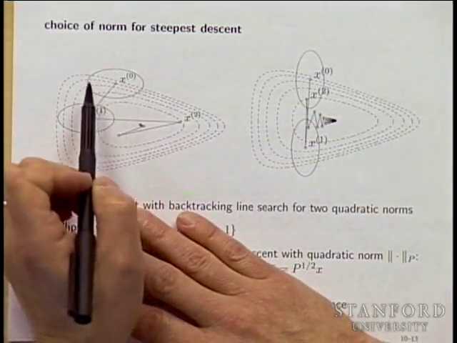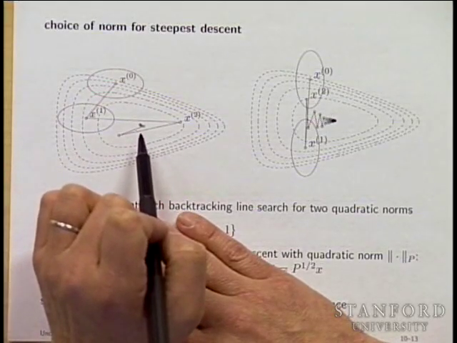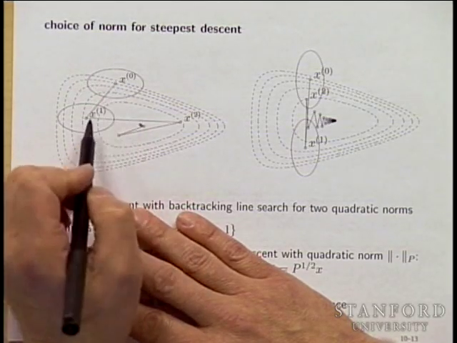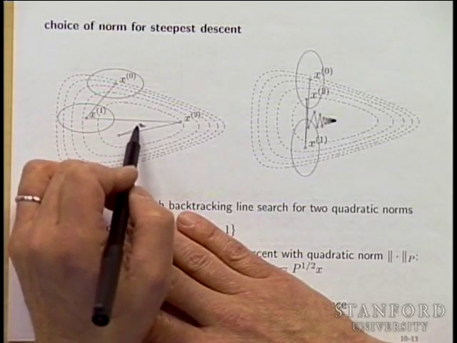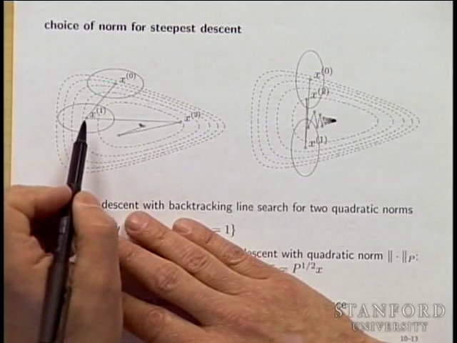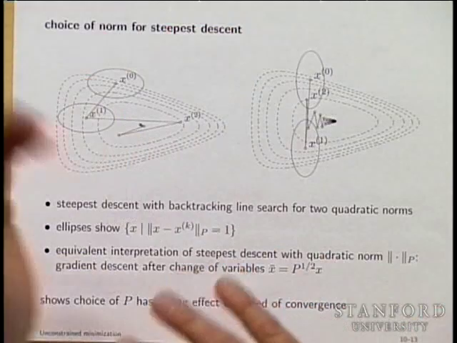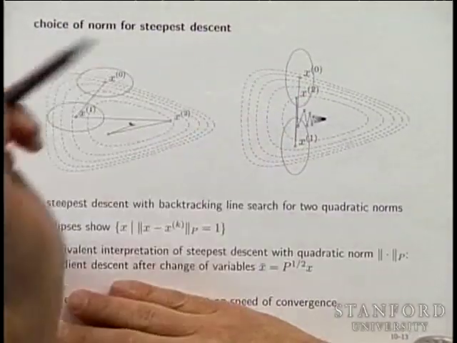If you choose a norm that is sort of aligned with the gross geometry of the sublevel sets, an interesting thing happens. You end up making very fast progress towards the center, because you actually end up going in the right direction. If you take a norm whose unit ball is not aligned the same way as the gross geometry of the sublevel sets, it amplifies this effect of oscillation.